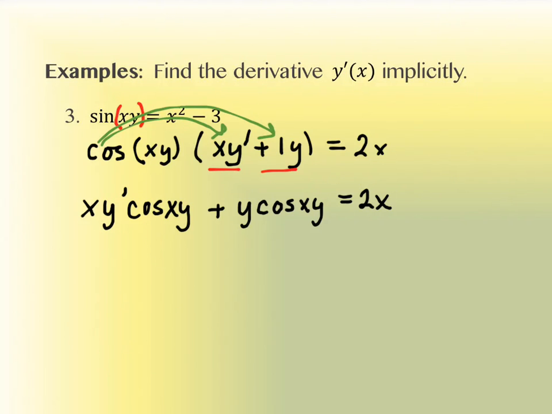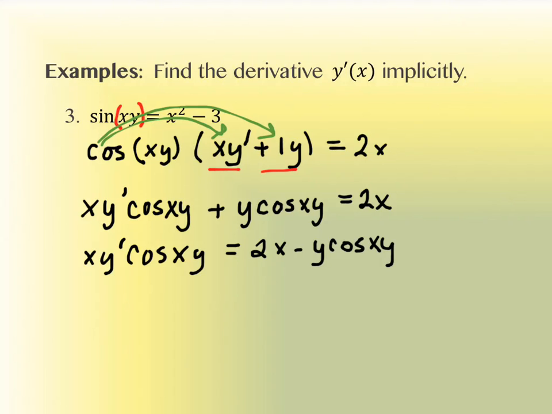All right? We only have one y prime, though, in the problem, yeah? So what would be my next step? Good. So I'm going to leave the xy prime cosine xy on the left, and I'm going to get 2x minus y cosine xy on the right. One more thing to do. What is it?